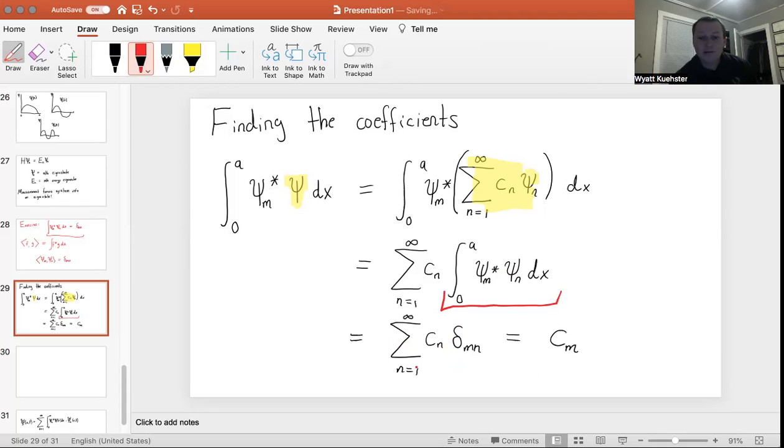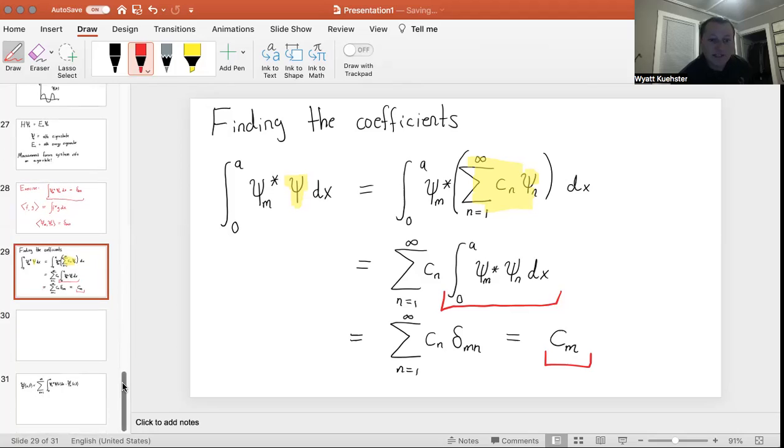And so if I sum over n and I have cn delta mn, this just picks out the n equals m term, and the rest of them are 0. And so to find the cm coefficient, what I do is I take psi and integrate from 0 to a, multiplying by psi m star. In the other order, multiply by psi m star and then integrate. And that's how you find these Fourier coefficients.